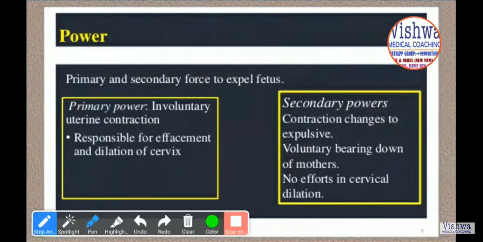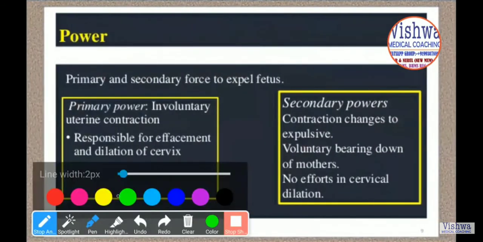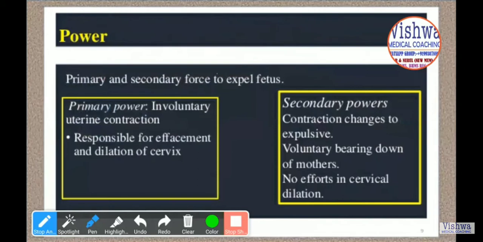We talked about power. What exactly is in the power? We have the force of expulsion. Primary power is the muscle contraction of the uterus. We want the muscle contraction of the uterus to be adequate, without which normal labor is not possible.